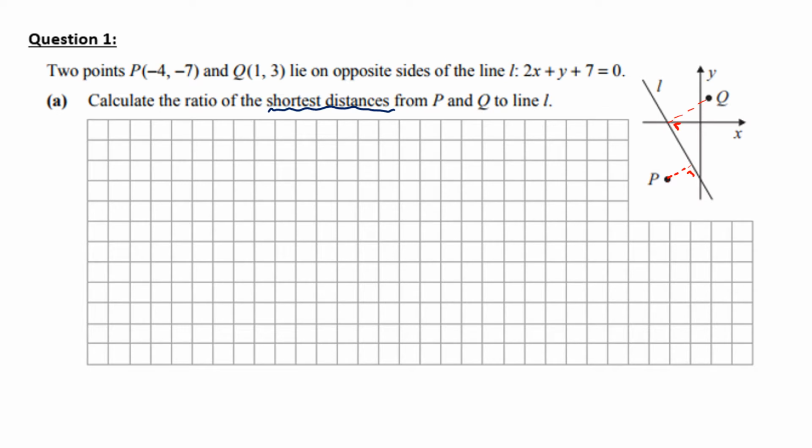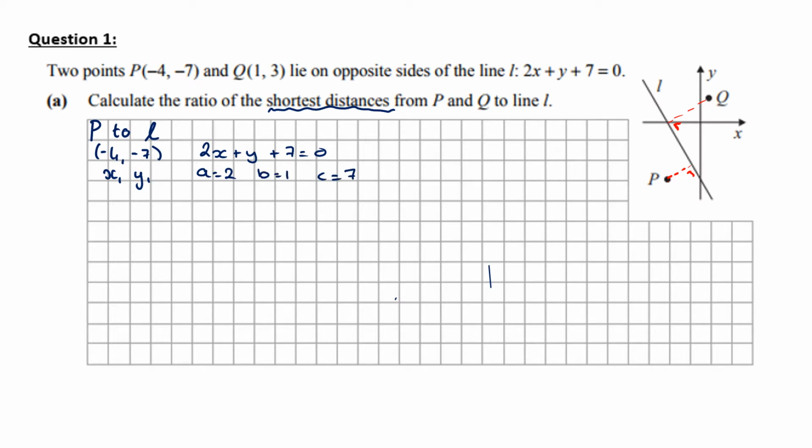So the first thing we're going to do is P to L. So we have -4, -7, which is x1, y1. And we have 2x plus y plus 7 equals 0, which A equals 2, B equals 1, and C equals 7.